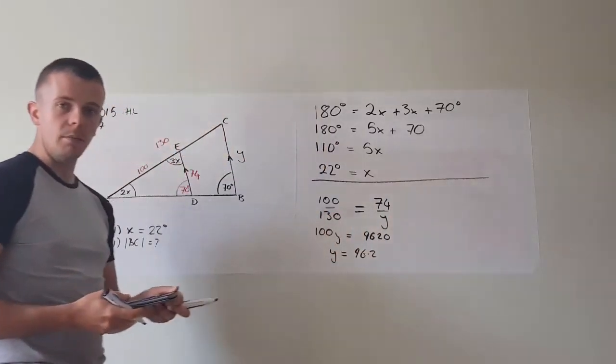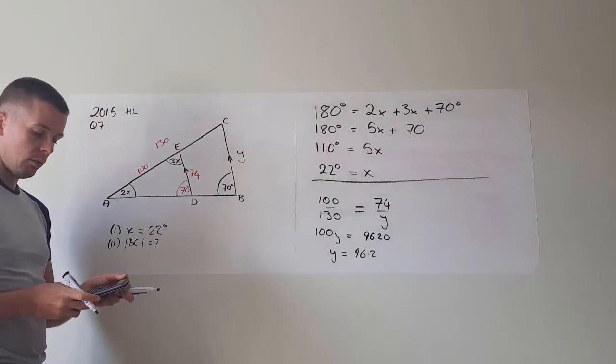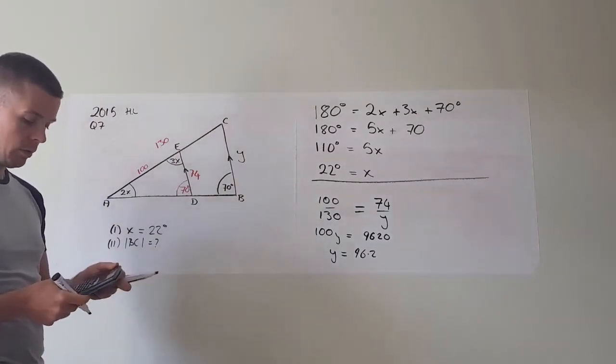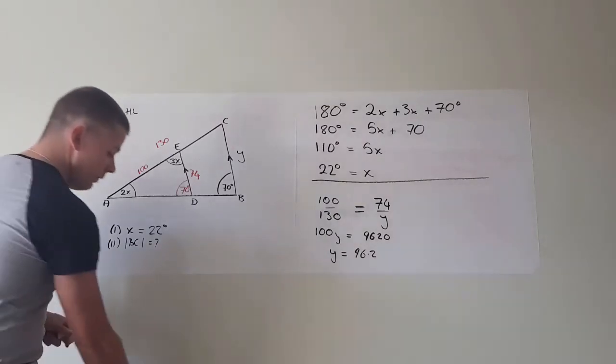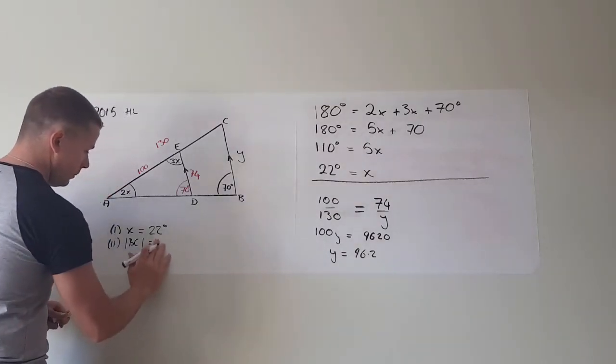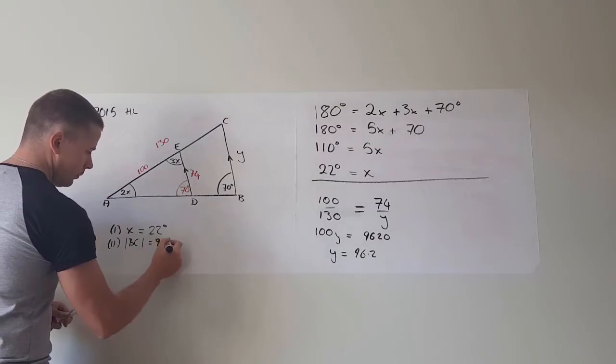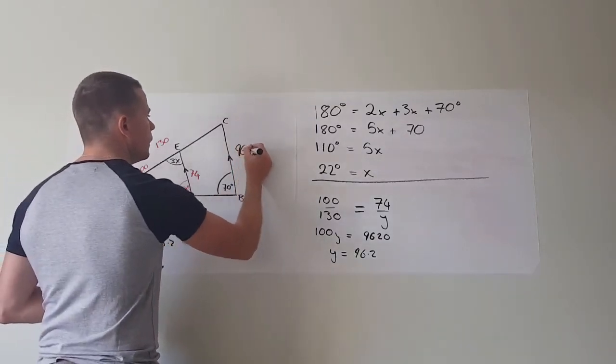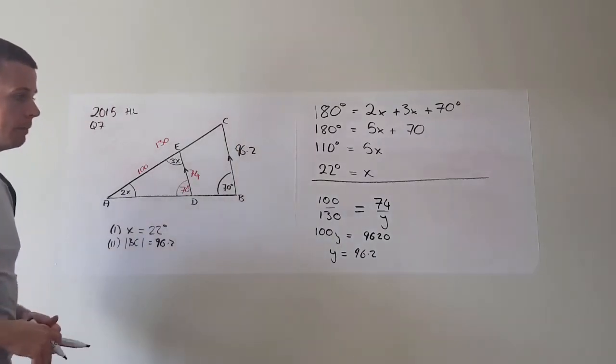We're not given centimeters or anything like that, so we're just going to leave it as 96.2. And filling that in here. Okay, and that's it. Nothing more to it.